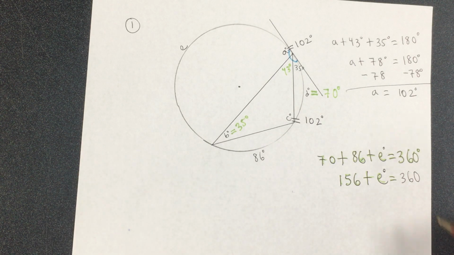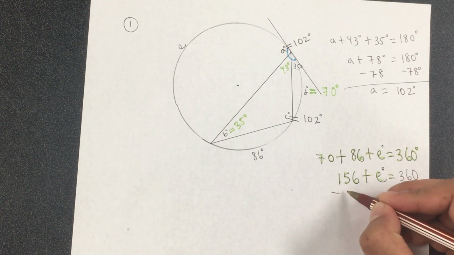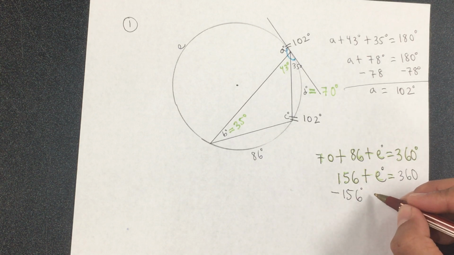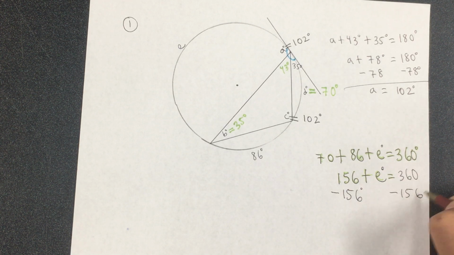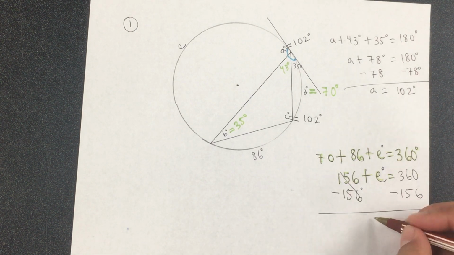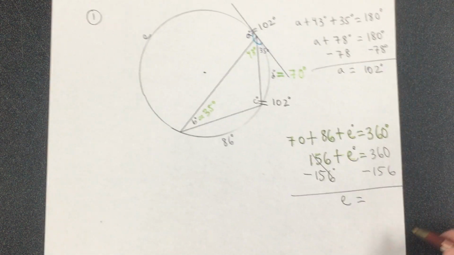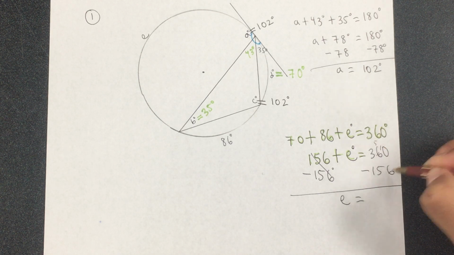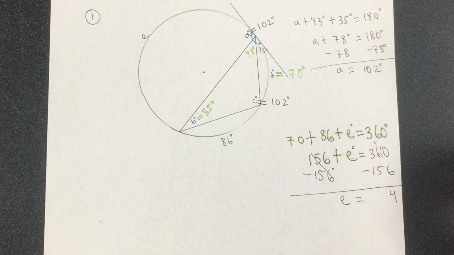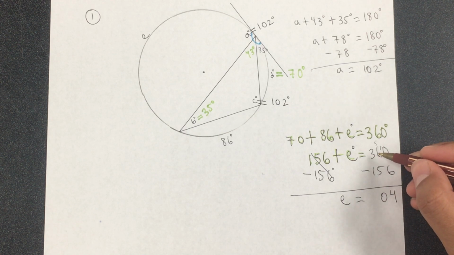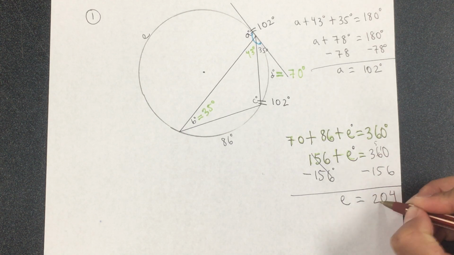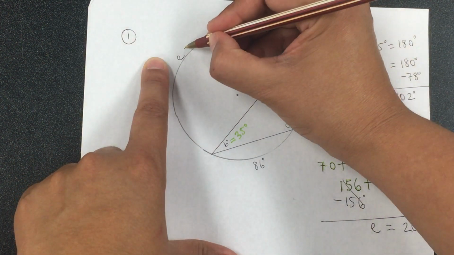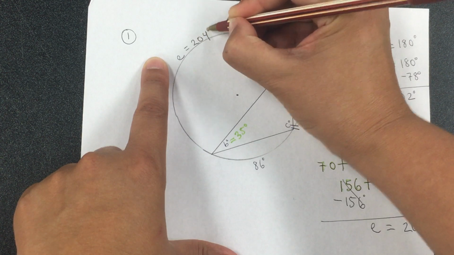So we subtract 156 degrees from both sides. As long as you put it at the end, that's fine. We borrow: 10 minus 6 is 4, 5 minus 5 is 0, and 3 minus 1 is 2. So E is equal to 204 degrees.